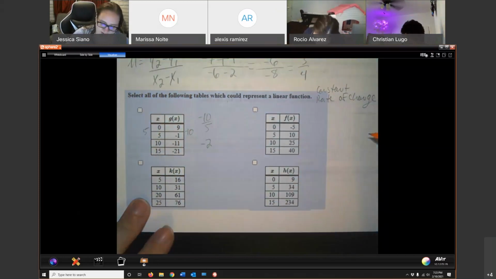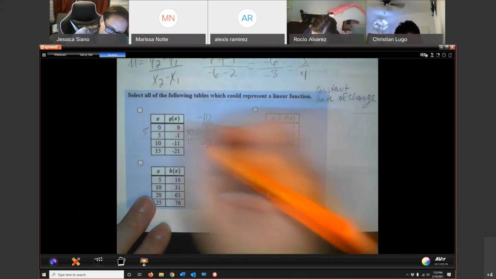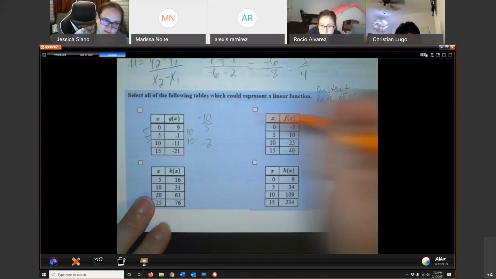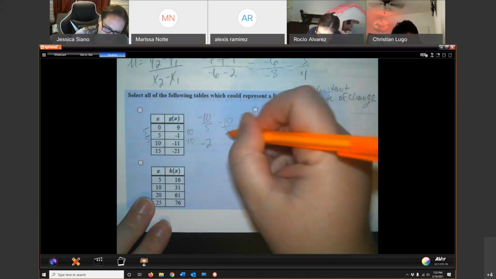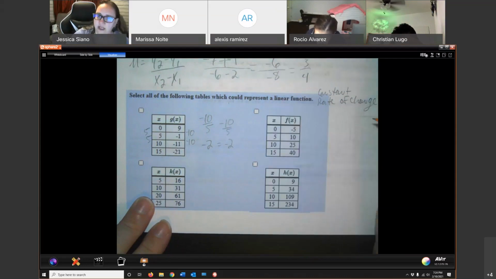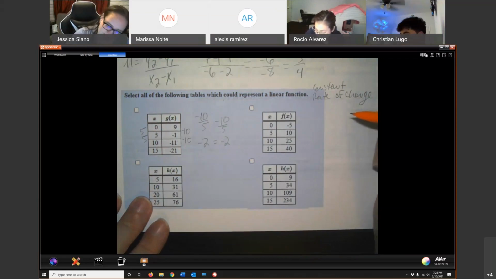From -1 to -11 is -10, and from 5 to 10 is 5. So again, we have negative 10 over 5, which is again negative 2. So far, my rate of change is constant. It's negative 2 both times. Let's do this one more time.